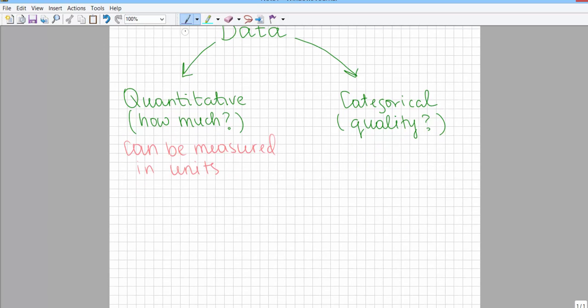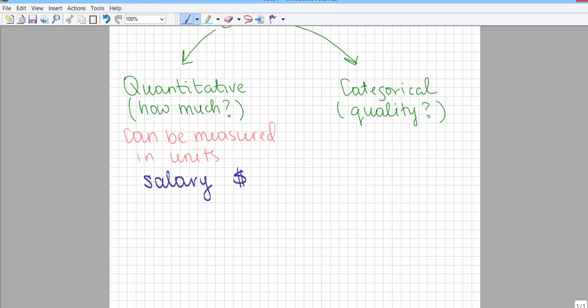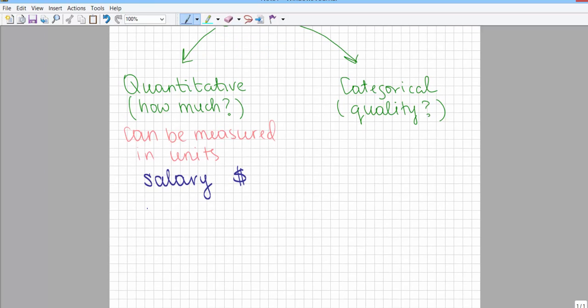So what are some examples that we can use? Let's see. Salary. How much salary does someone make per year? What is it measured in? Dollars. Okay. What else? Let's talk about baby weight.